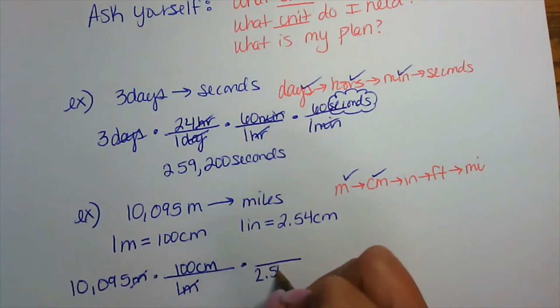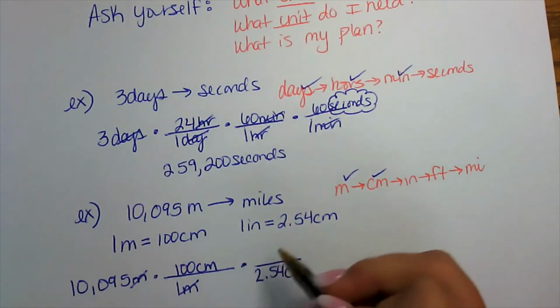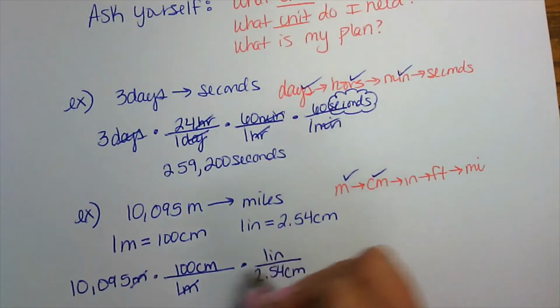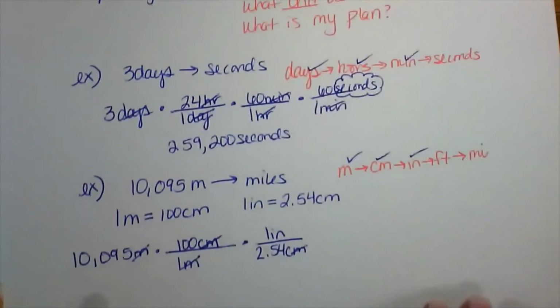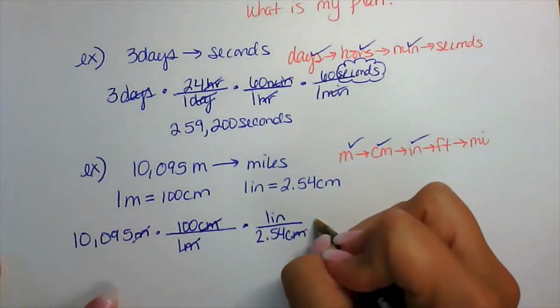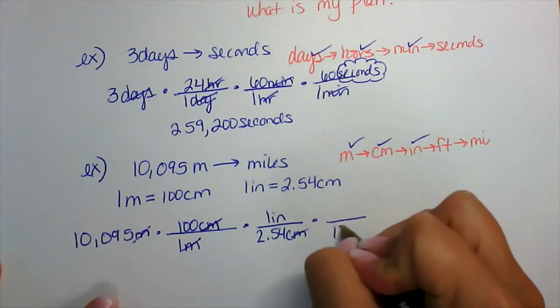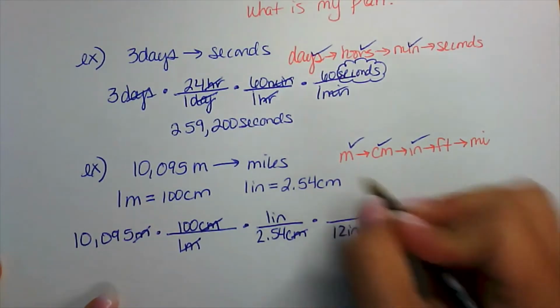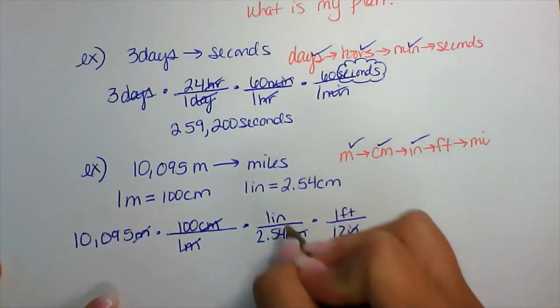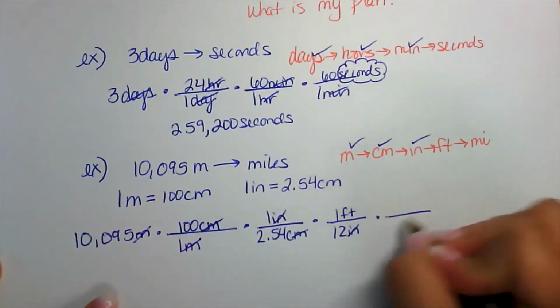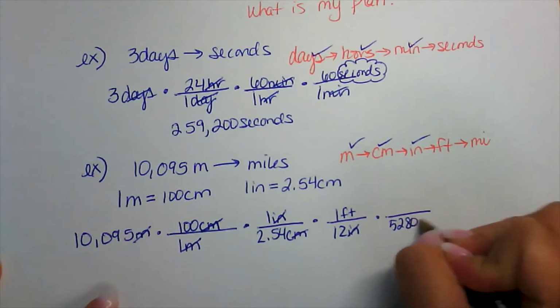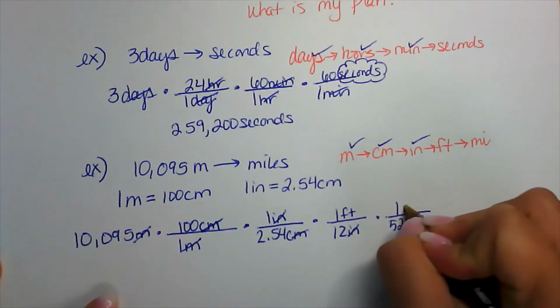So 2.54 centimeters is 1 inch. Next, I will be moving into feet. I know that my connection is 12 inches, it's 1 foot. And then finally, 5,280 feet are in 1 mile.